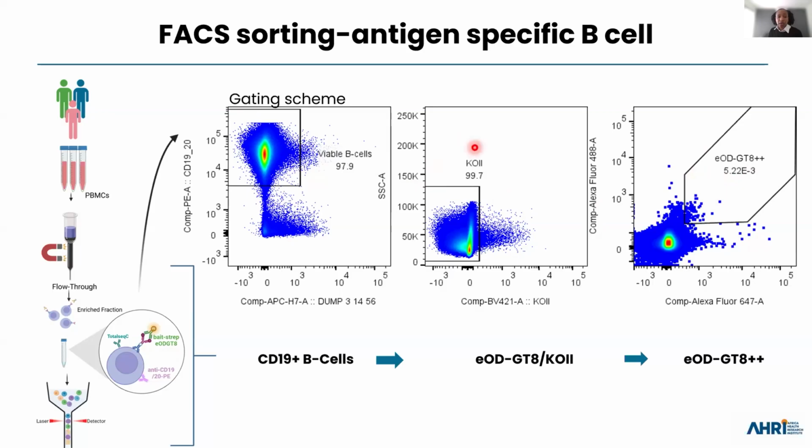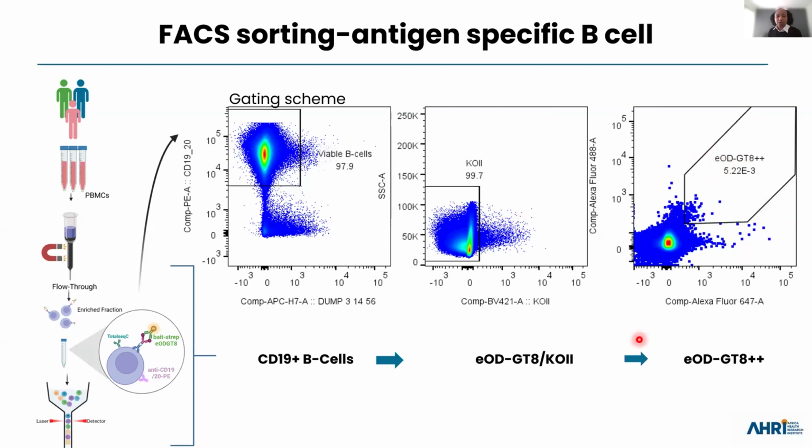We also want them to be negative for the knockout, which is the CD4 binding site exposed in our candidate of interest. So they would be negative for the knockout, but positive for the candidate of interest.